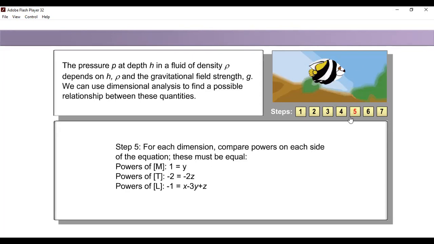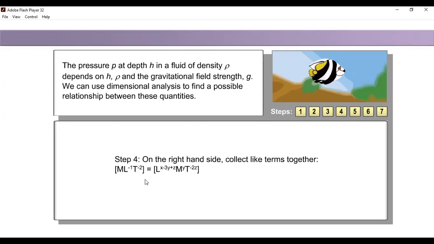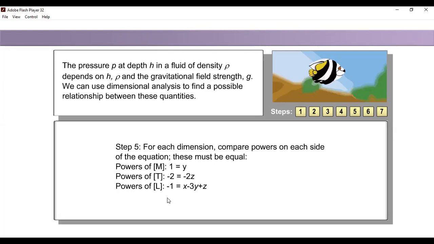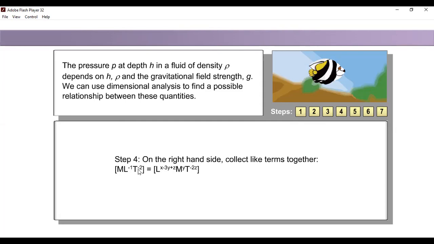By comparing each dimension, the powers on each side of the equation must be equal. Let's take M first: M is 1 on the left, so y is equal to 1. Then negative 2 is equal to negative 2z.